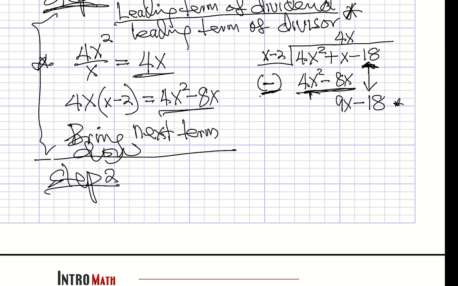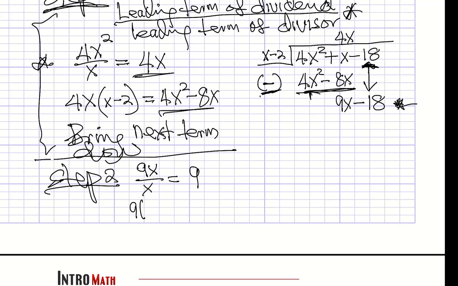We'll take the leading term of the divisor and use it to divide the leading term of that thing. We're just repeating the process. So we'll say 9x divided by x. You know where I got all this, right? Okay. I'm repeating what I did up there. It will be 9. You see that, right? So it will be 9, and then what do we do again?